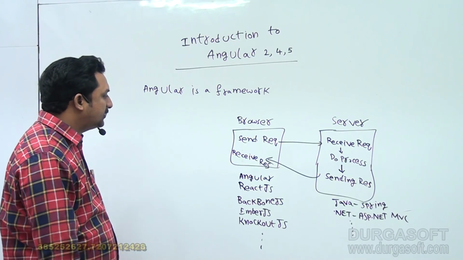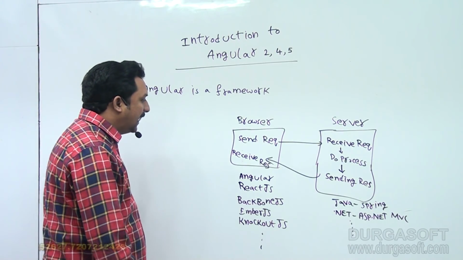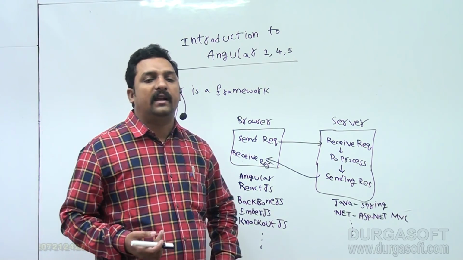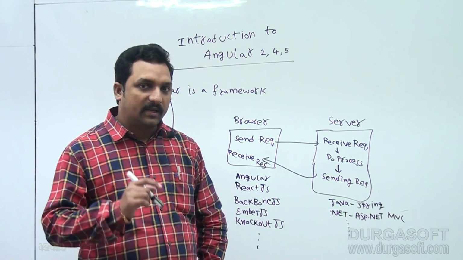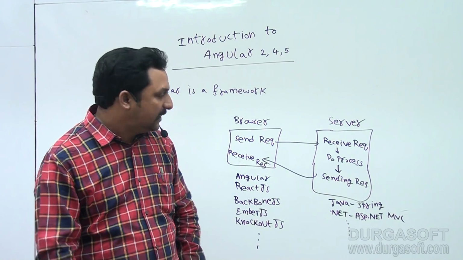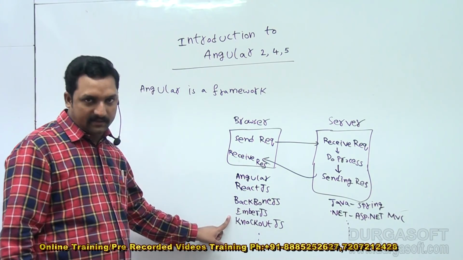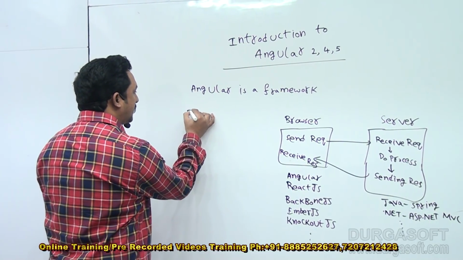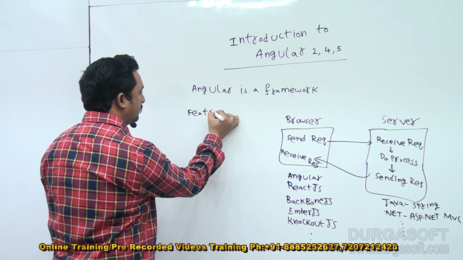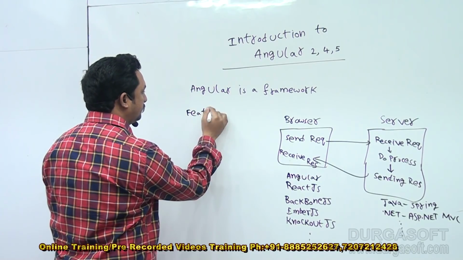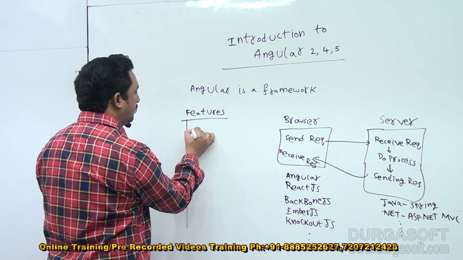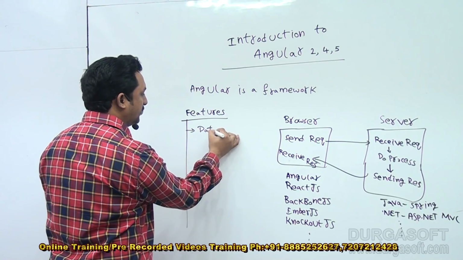Okay. So here, since Angular is the most popular client-side framework, what are the advantages of the Angular framework? What are the benefits that it offers me which are not available in these others? So it supports several features. Data binding it supports.